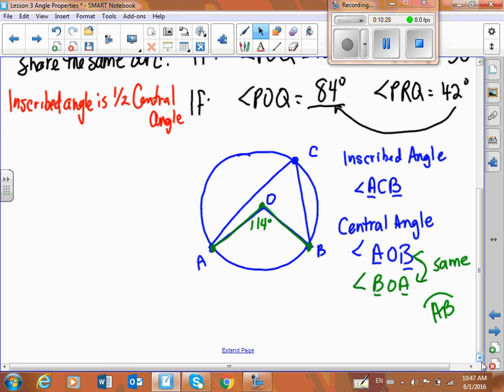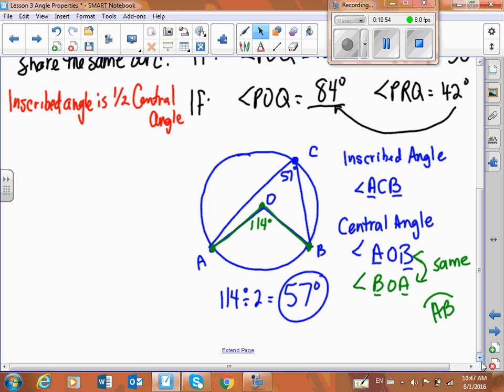Let's see if you can figure that out. So we're going to take 114 degrees, and we're going to divide it by 2. So 114 divided by 2, and we would get 57 degrees. Okay? So that's the first of our 2 rules.